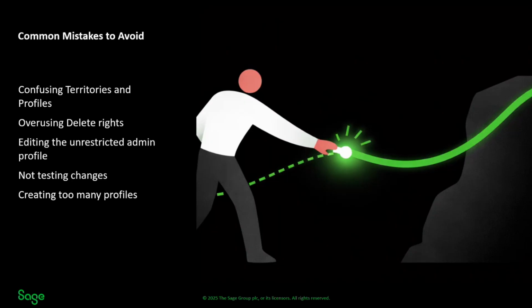People can give too many delete rights to items within the system, and therefore they will actually work against the concept of workflow bringing data to a managed conclusion. So we want to be able to understand what has been worked on rather than simply deleting items.